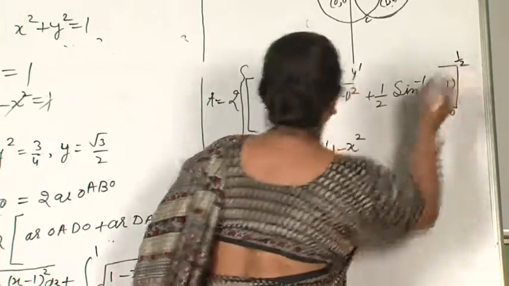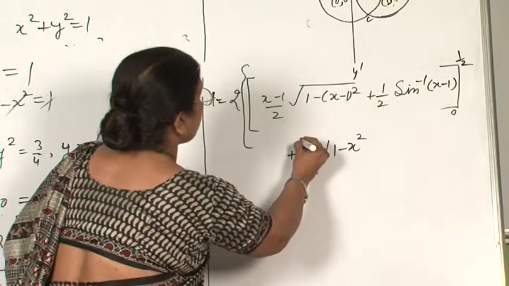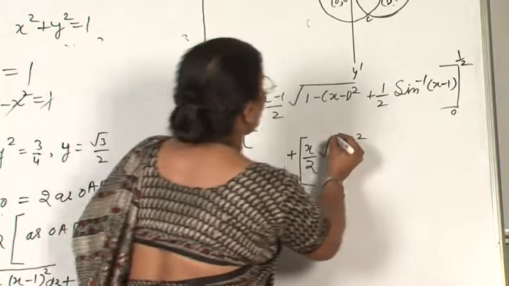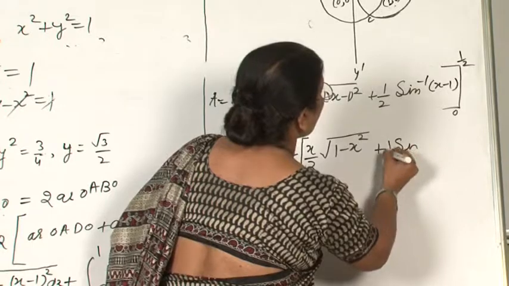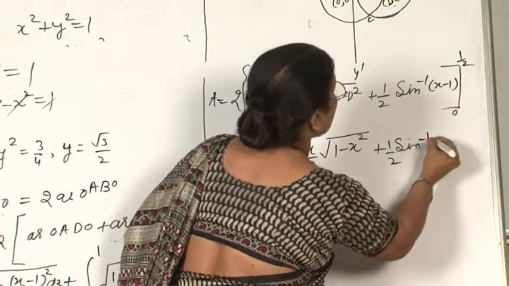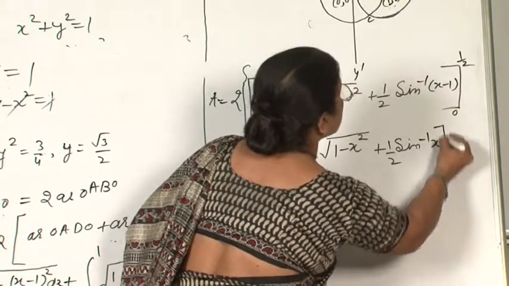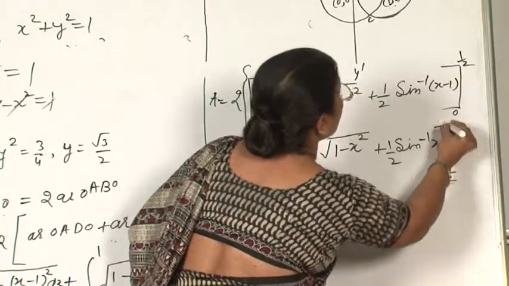The second part is x by 2 under root 1 minus x square plus 1 by 2 sine inverse x, with limit 1 by 2 to 1.